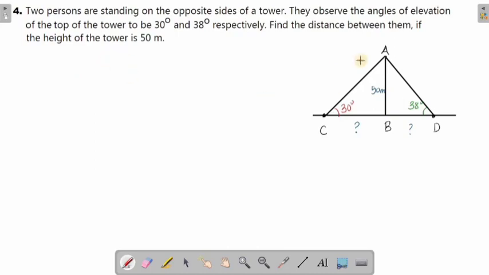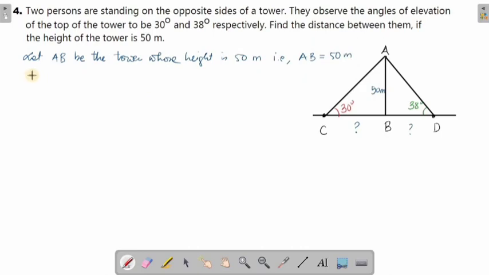So first and foremost, you need to mention what is A, B, C and D. Okay. So let AB be the tower whose height is 50 meter. That is, we have AB equals to 50 meter. Okay.